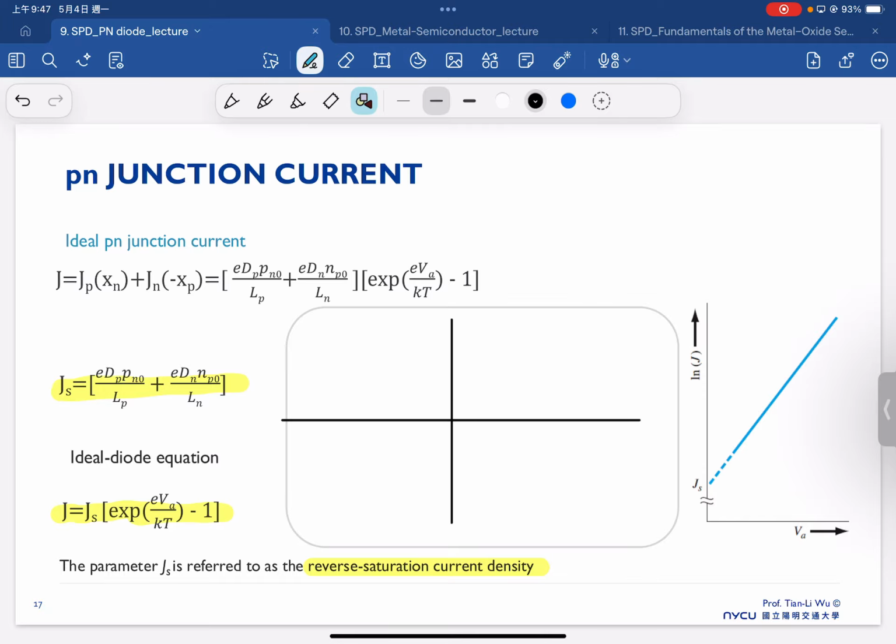with considering not only the first quadrant, the first quadrant will be the turn on, the fully turn on, which has a characteristic as shown like this one, where J is equal to Js exponential eVa over kT minus 1.